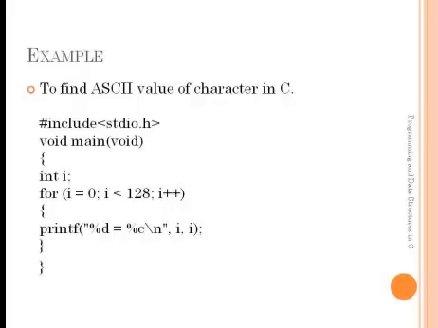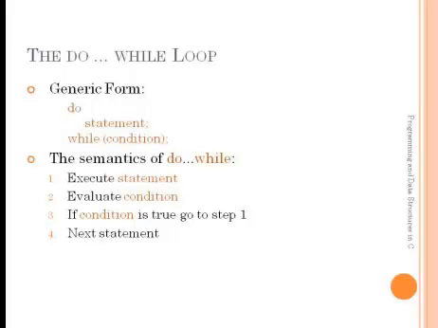The output after the third iteration is 2 equals STX, start of text. Like that, after 65 iterations, the output will become 65 equals capital A, and 66 equals capital B. Like that, 90 equals Z. The output will come out like that.